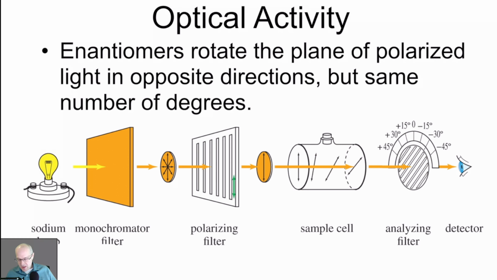And you can witness that. You can see it. It's very simple. In fact, if you're taking organic chemistry lab live with one of your faculty members at Broward College, you will see that. We have an experiment where we show it to you. That light, when it's polarized, is straight up and down. As it travels through the sample, though, we can measure how much it rotates to the left or to the right.